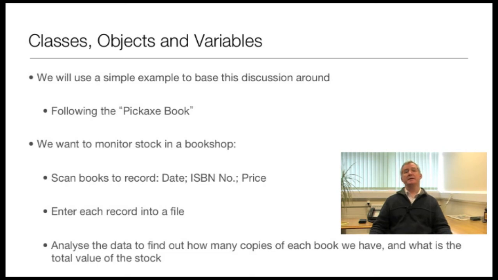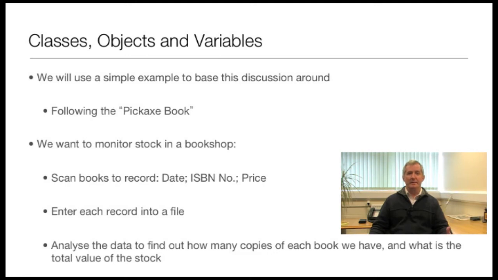As with so many things, the purpose behind that is just to simplify and clarify what one's doing within an object-oriented structure. So we use a very simple bookshop example, and we're going to record some information about books, the date, the ISBN number, and the price of the book. And we're going to place all that and write all that information into a file.